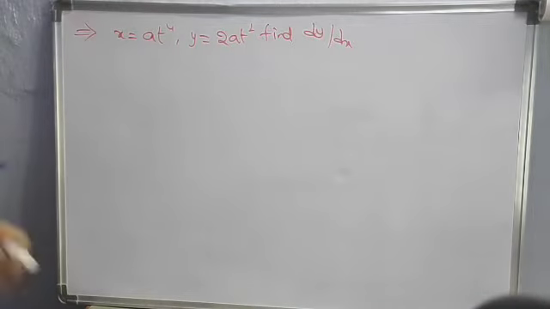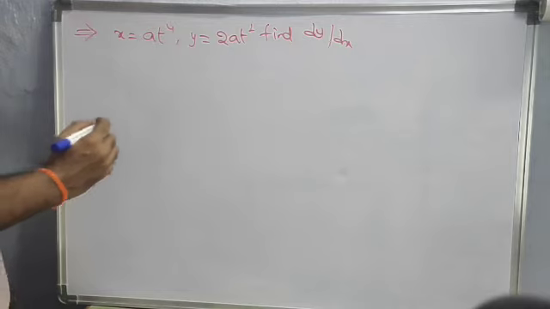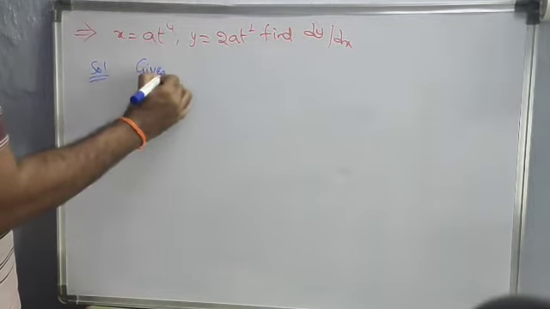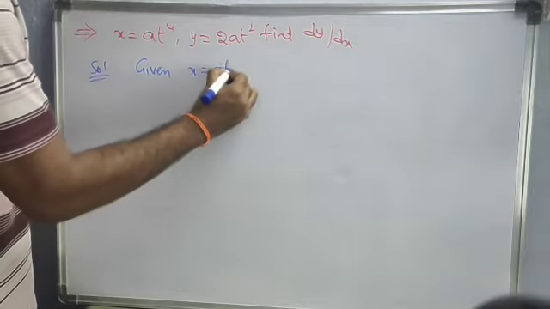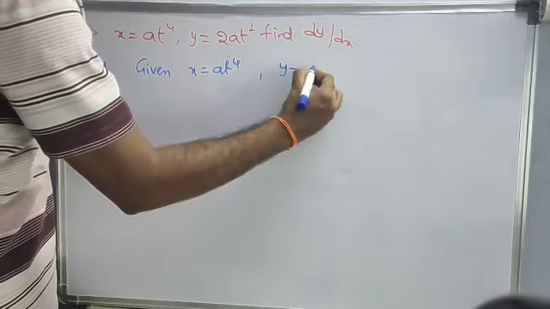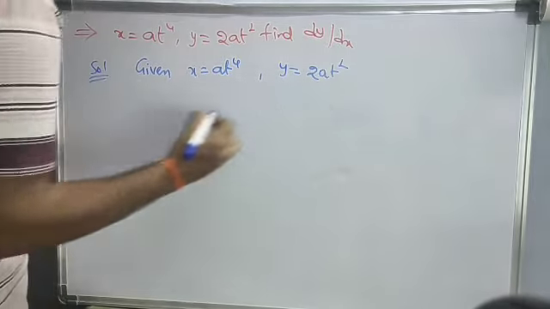Okay, so in the solution, given x equal to a t power 4, y equal to 2a t square.